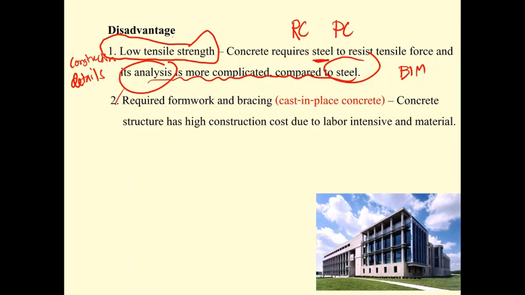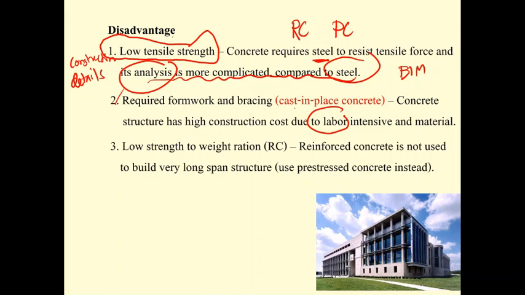That's for sure, because you have to have something to hold the liquid concrete before it gets hardened, and the formwork must be very precise. So it requires high quality labor in this construction. Okay, and concrete has a low strength to weight ratio.